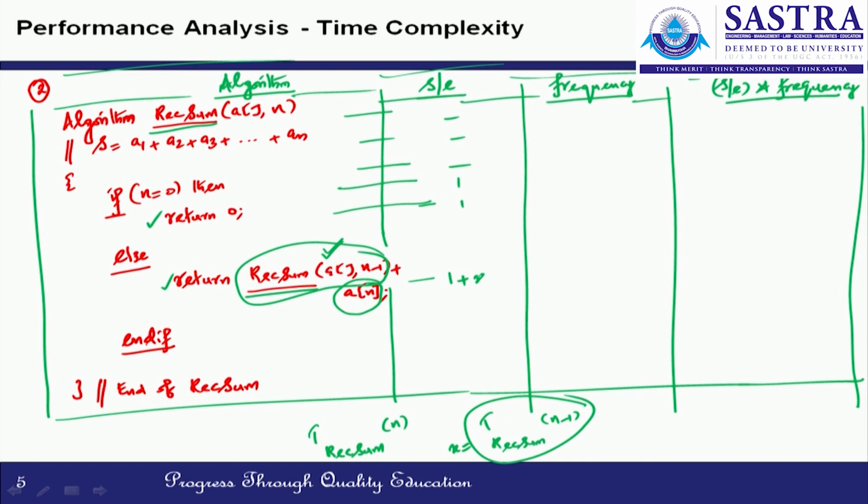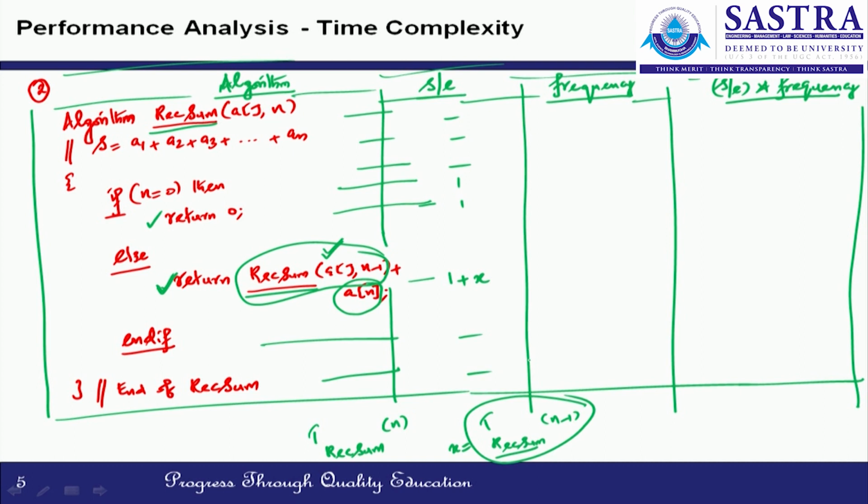So I write here 1 plus x. So the step per execution of this return statement in the else part is 1 plus x, where x is equal to T recursive sum of n minus 1. Understand? Then end if, a closing curly brace. The step per execution column is constructed.